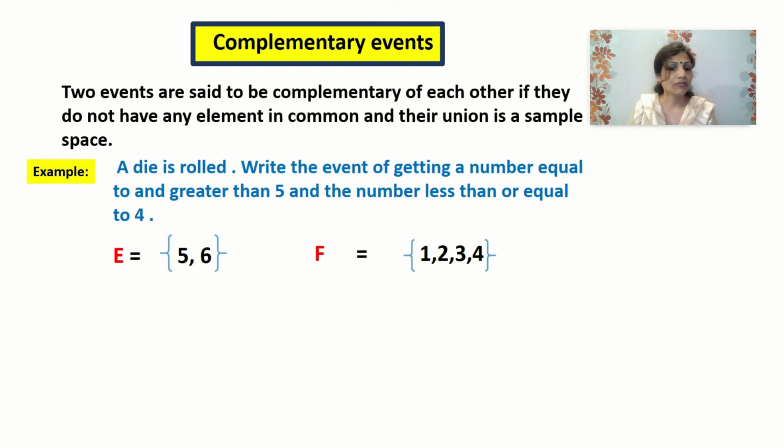Now instead of event F, I can also write this event as E bar. So complement of an event can be written like this. E and F are complementary events of each other. So F I can write as E bar. So E and E bar are complementary events. Alright?